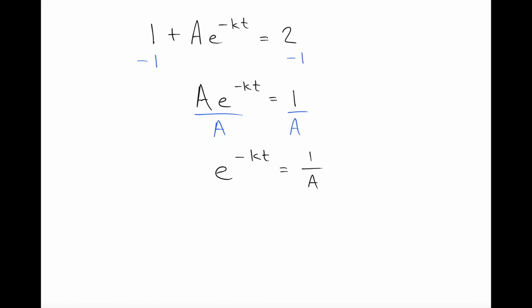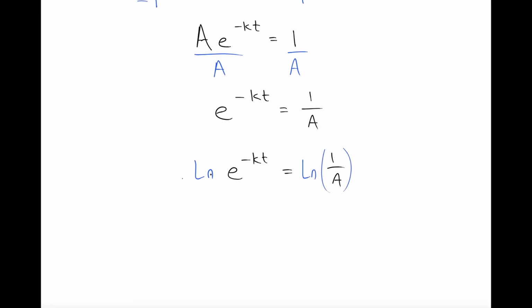At that point, we want to take an ln of both sides of the equation. ln and e cancel.